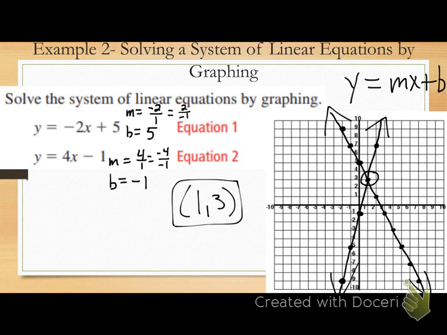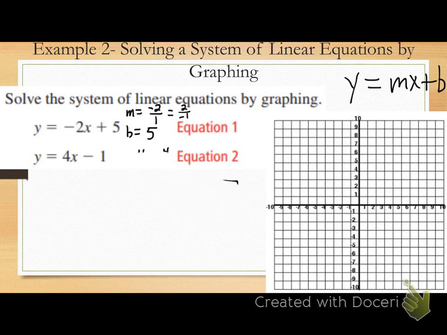Can I erase? Okay, let's say our equation 1 was y equals -2x plus 5. Let's say our equation 2 was y equals negative 2x minus 1.